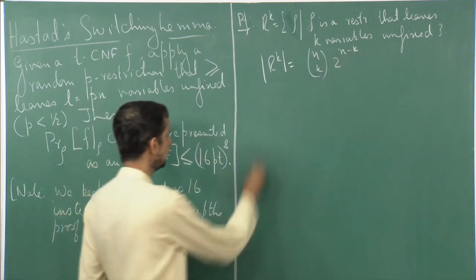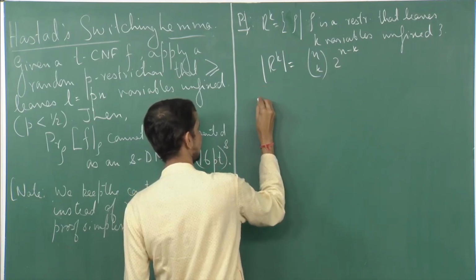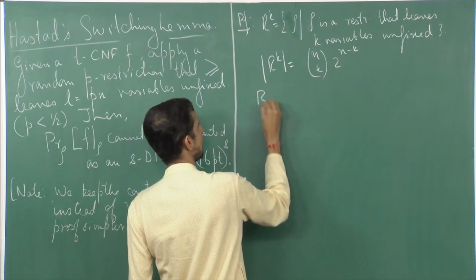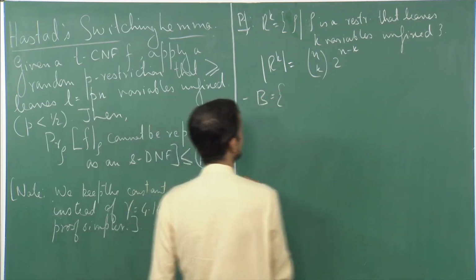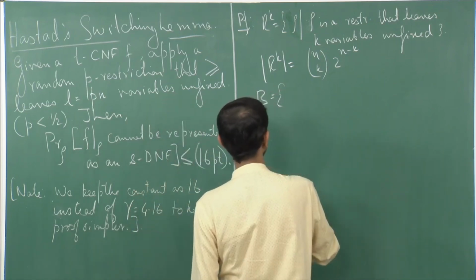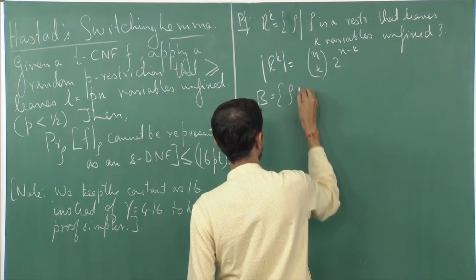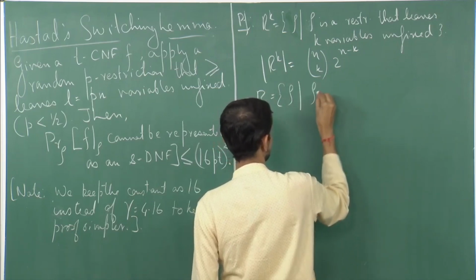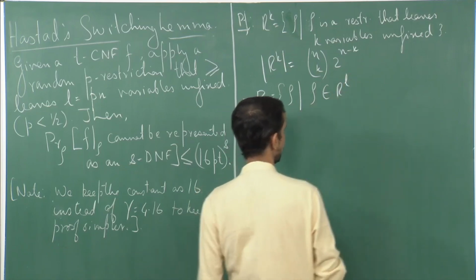Okay. Now we will define the set of bad restrictions. Let us call this set B. B is a subset of R_l over here, namely all restrictions rho belonging to R_l such that f restricted to rho does not have an SDNF representation.